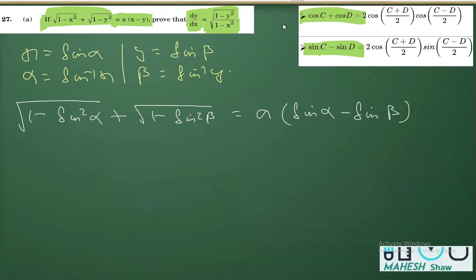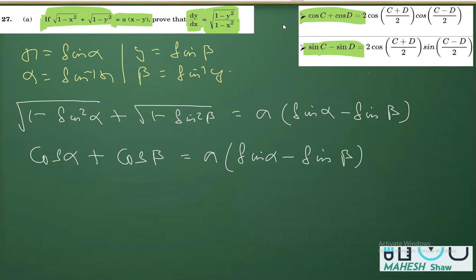Now, 1 minus sine square alpha is cos square alpha, whose under root is cos alpha. So we get cos alpha plus cos beta is equal to a times sine alpha minus sine beta.